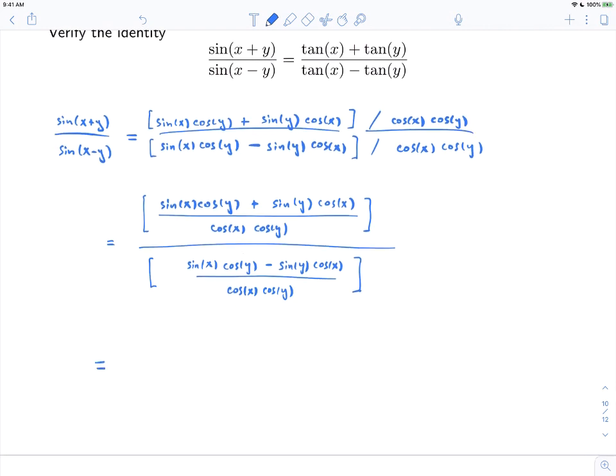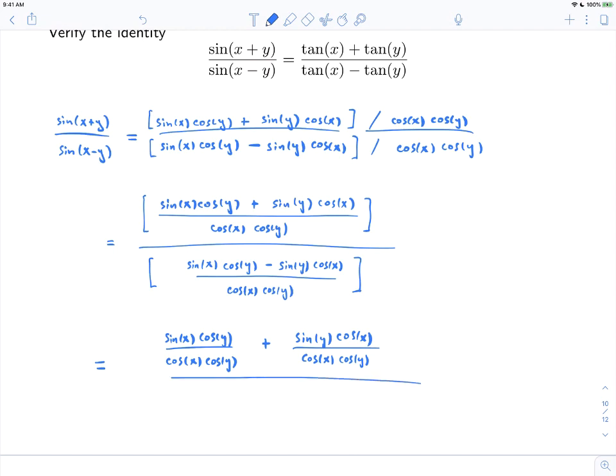So here's what I'm going to do. Let's just look at the numerator. So the numerator is going to be sine of x cosine of y divided by cosine x, cosine y, where I distribute the cosine x, cosine y, plus sine of y, cosine of x, divided by cosine x, cosine y.